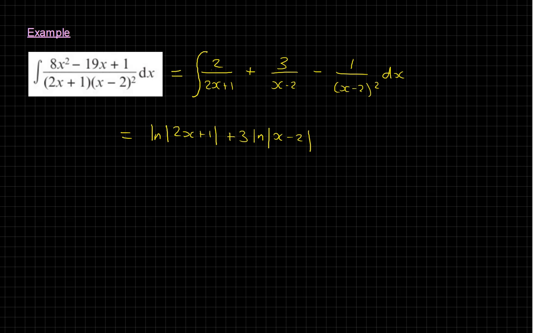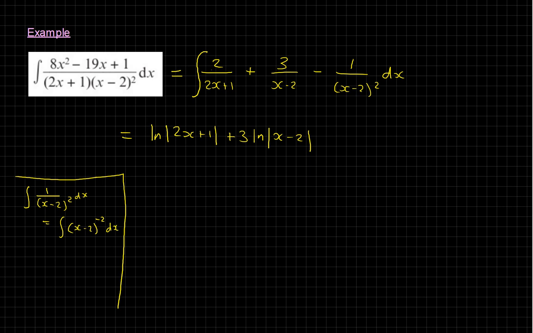And the third one, we can't use our ln trick, but we can do some sort of form of reverse chain rule, I suppose. So let's just on the side here make a little note. Okay, so I want to find the integral of, let's just take the positive version, 1 over x minus 2 squared. Okay, we remember that that's the same thing as the integral of x minus 2 to the minus 2 dx.